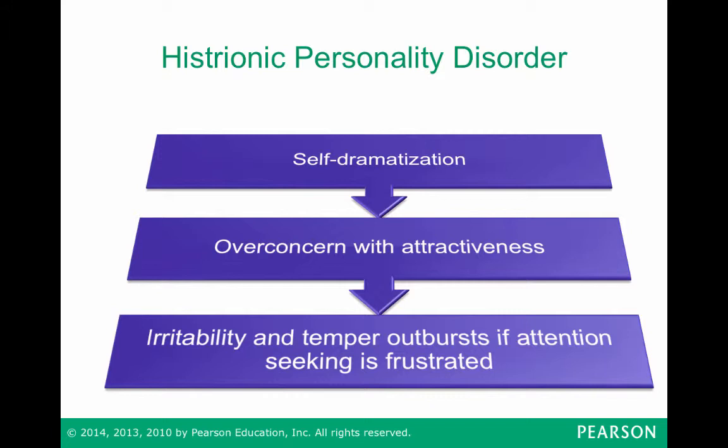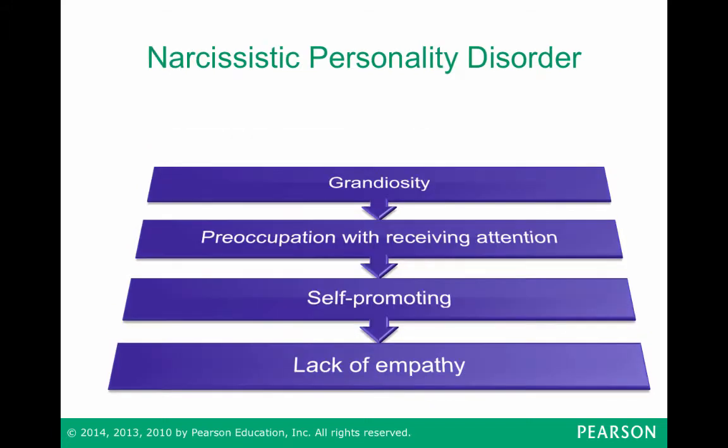So we're looking for 5 or more of those characteristics for a diagnosis of histrionic personality disorder. So you'll see they've got this overconcern with attractiveness, and they become irritable or have temper outbursts if their attention-seeking behavior is frustrated.